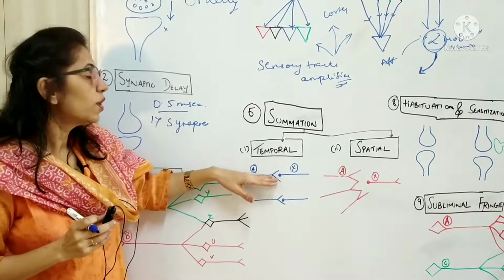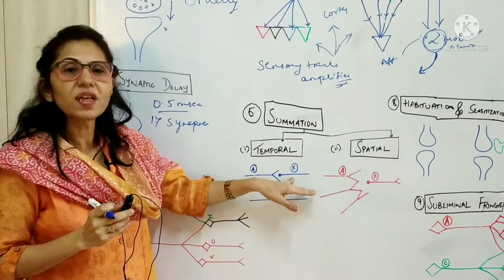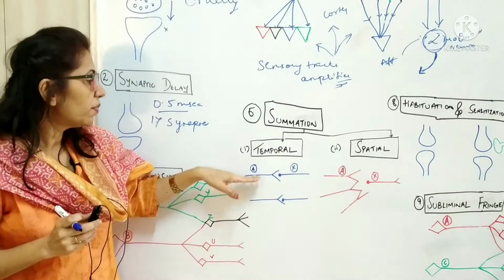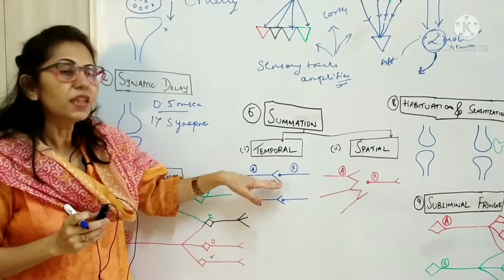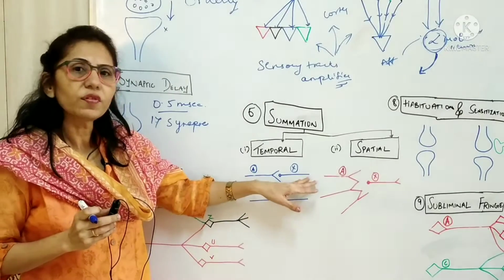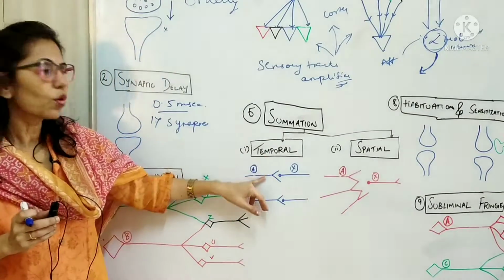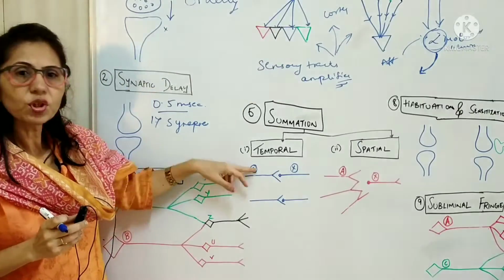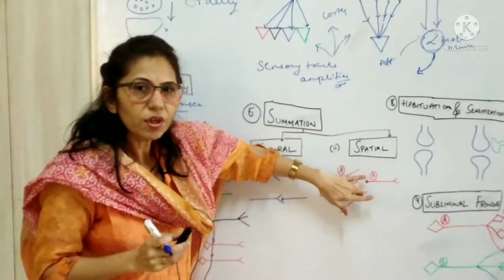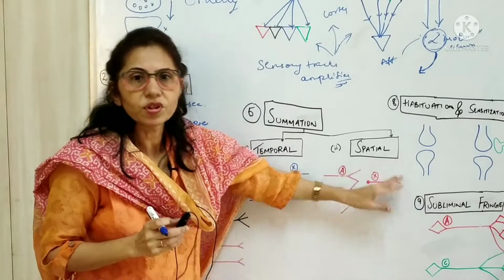The subsequent stimulus should be applied before the potential in X dies out. So when you stimulate repeatedly, neuron A will be stimulated many times, one after another. The EPSPs produced will be added up, and that will cause stimulation of the neuron X. So that is temporal summation, where the same neuron is stimulated again and again, whereas in spatial summation many presynaptic neurons summate to stimulate the postsynaptic neuron.